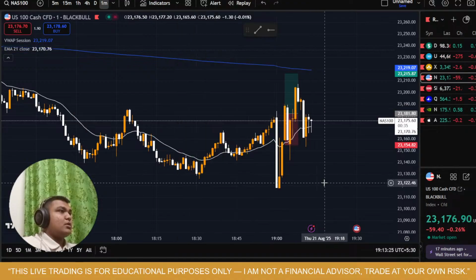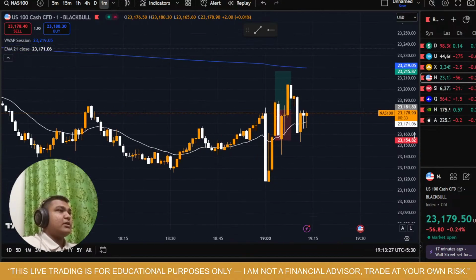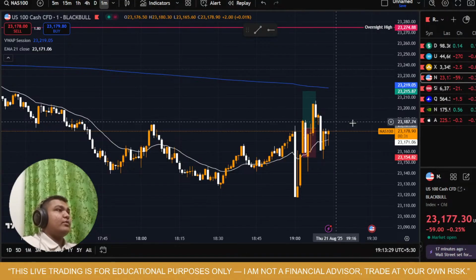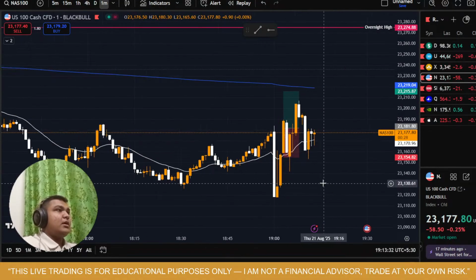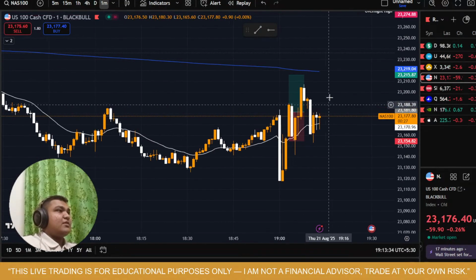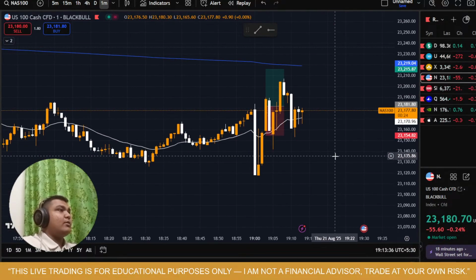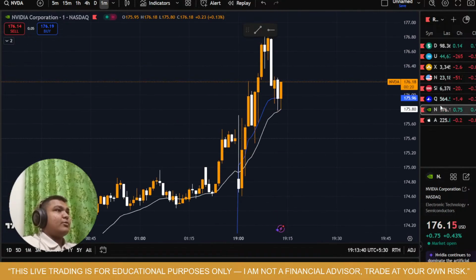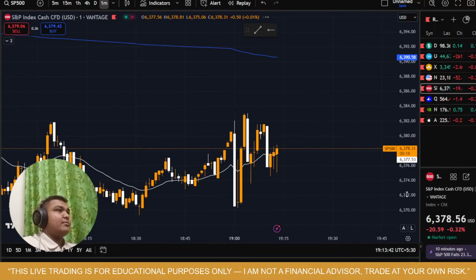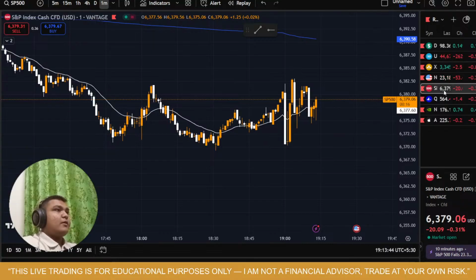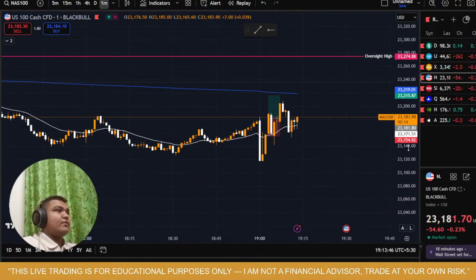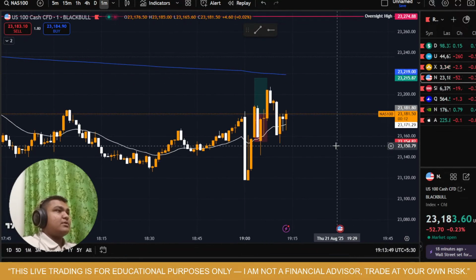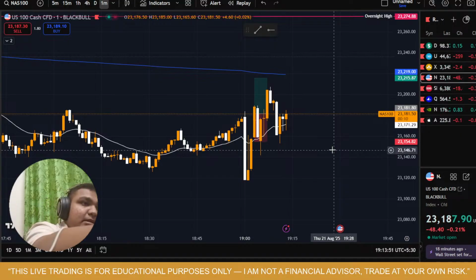Still the EMA is holding here. We have VWAP above, we have PWAP point here. We'll see if it starts breaking higher from there. We can have a clean long move. See, we have Nvidia holding up, QQQ holding up, ES holding up. So we can have this sort of long setup over here, and that's it.